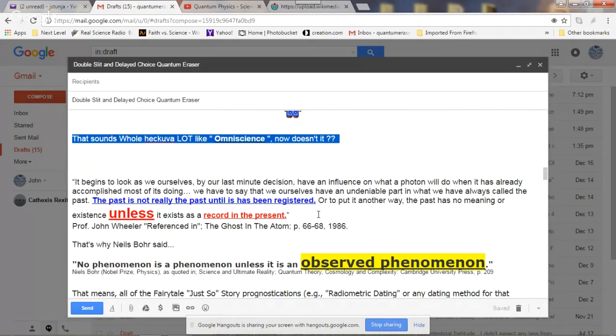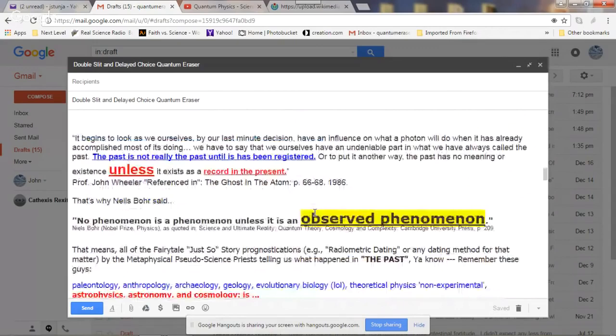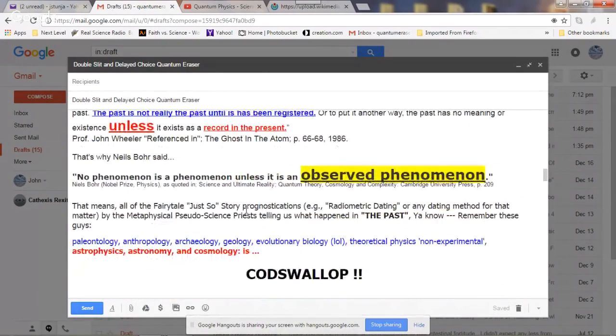The past is not really the past until it has been registered. Or put it another way, the past has no meaning or existence unless it exists as a record in the present. That's why Niels Bohr said, no phenomenon is a phenomenon unless it is an observed phenomenon.